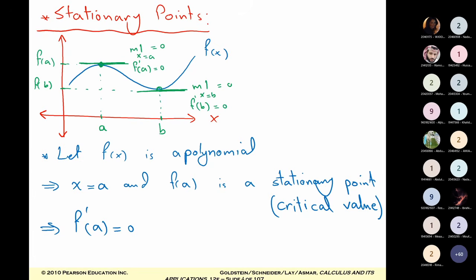Now, if we need to find the stationary point, we must find f prime and solve the equation f prime equals 0. Example about this. Example: find the stationary point.